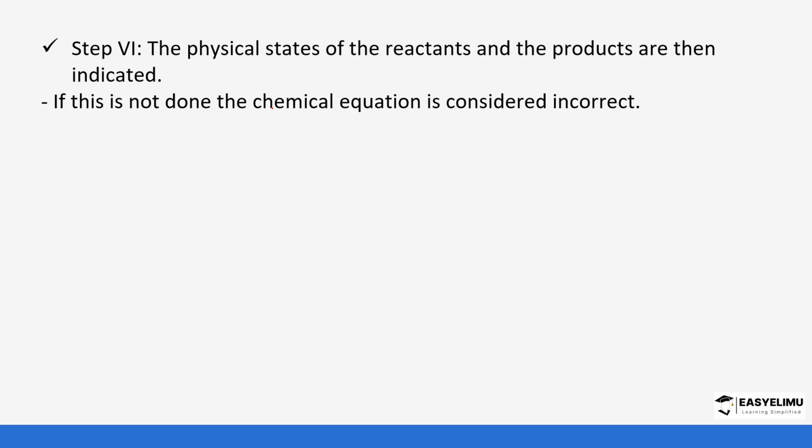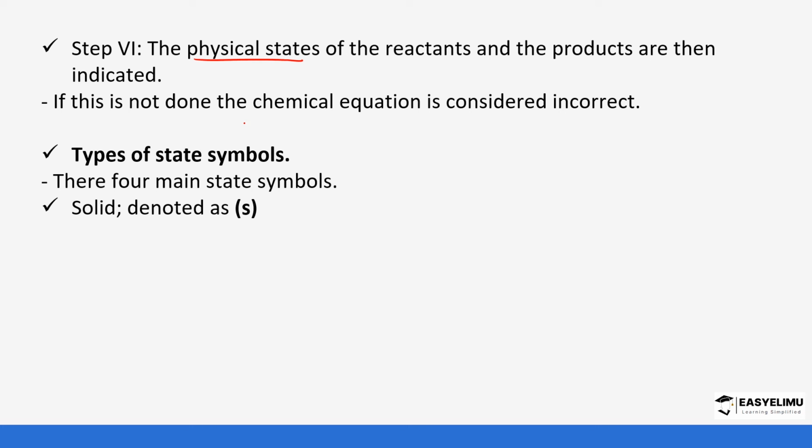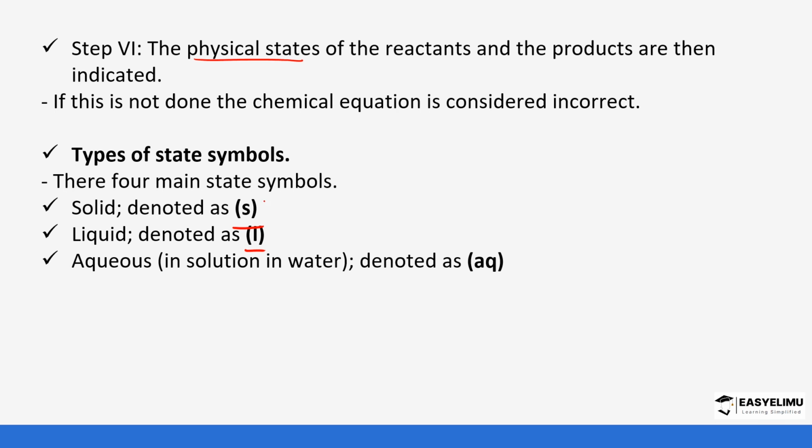So the next thing we do after we have balanced our equation is to ensure that we have the physical state or the state symbols. It needs to be correct. There are different types of state symbols. We have solid, which is denoted with an s. We have liquid, which is denoted with a small l, and aqueous, which is denoted with aq. Aqueous solution is for substances that are dissolved in water.